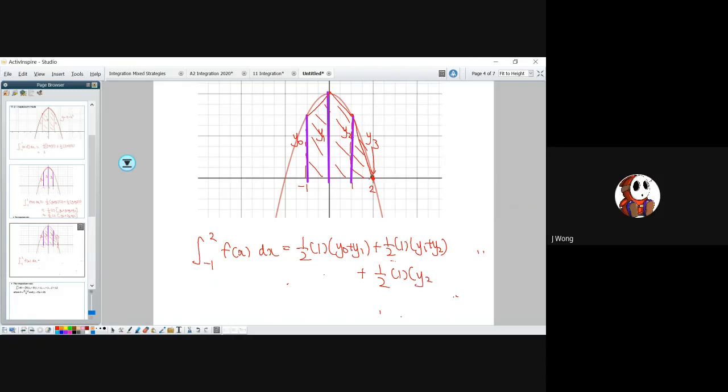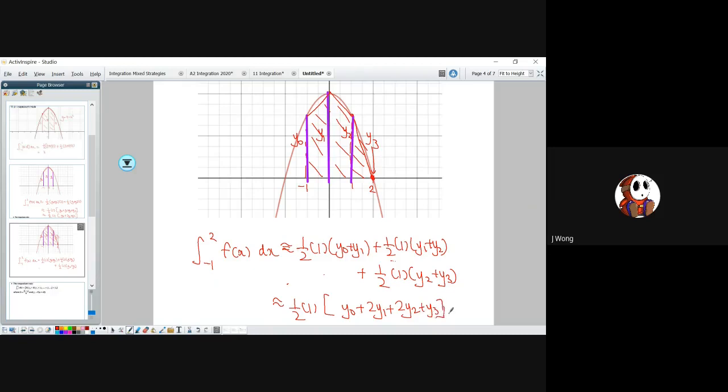And since y3 is 0, it doesn't matter if I add y3 here or not. But since we're using trapeziums, I just assume that y3 is still a number, and then we could formulate the area using this format. So if I once again factor out a half and 1, you could see that within the square bracket we'll have y0 plus 2y1 plus 2y2 plus y3.